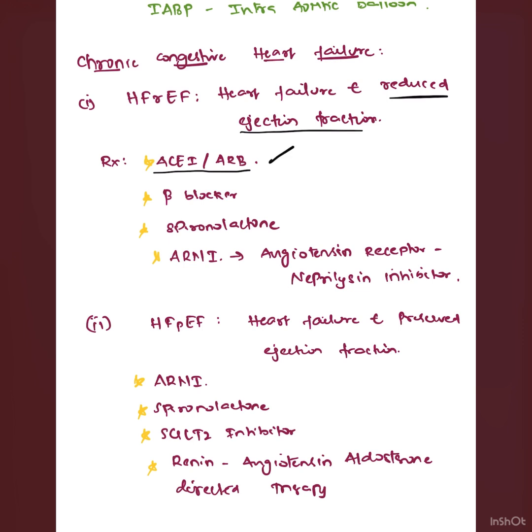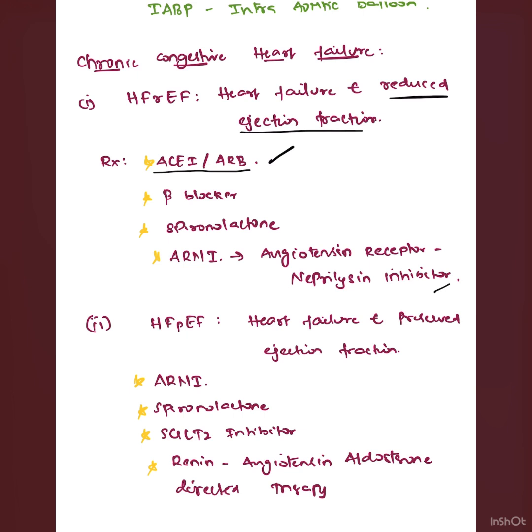Then we can also add a beta blocker, and supportive treatments such as spironolactone and angiotensin receptor neprilysin inhibitor, which is also a very important drug. In patients where ACE inhibitors or ARB are contraindicated, we can give angiotensin receptor neprilysin inhibitor.